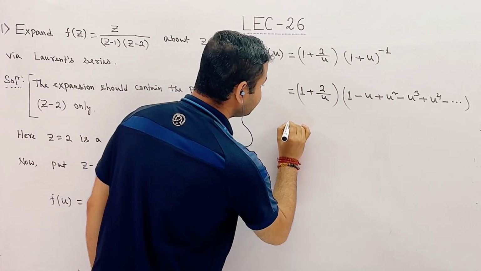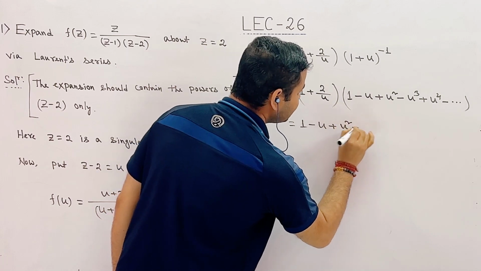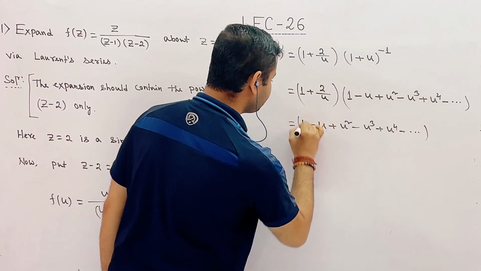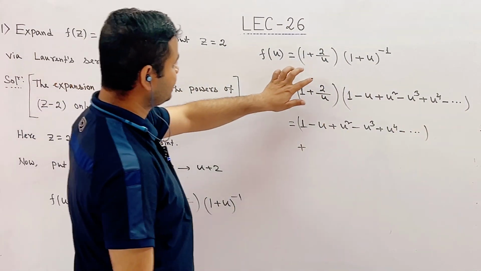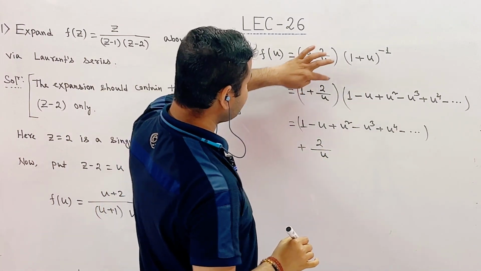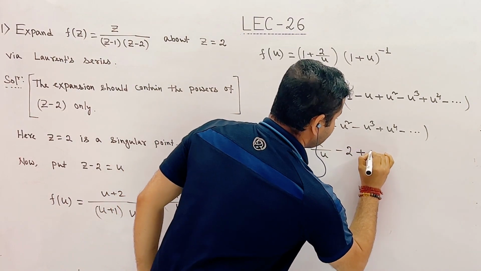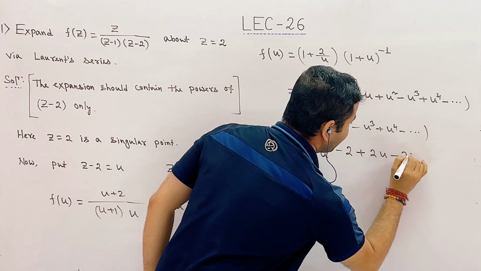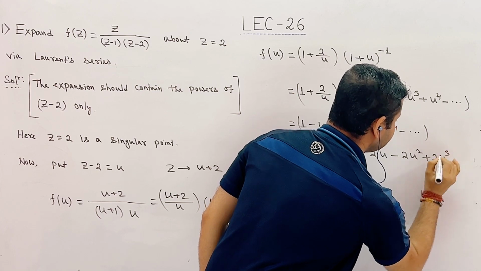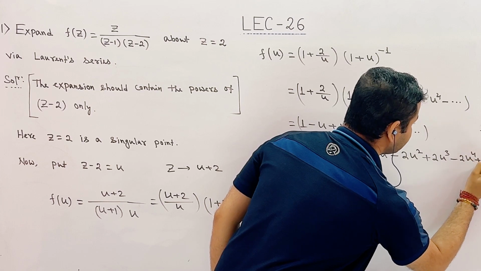So, finally, we will get 1 minus u plus u square minus u cube plus u to the power 4 minus dot dot dot plus 2 by u minus 2 plus twice u minus twice u square plus twice u cube minus twice u to the power 4 plus dot dot dot.